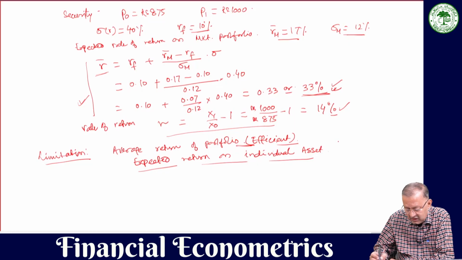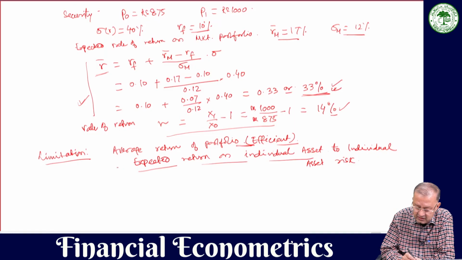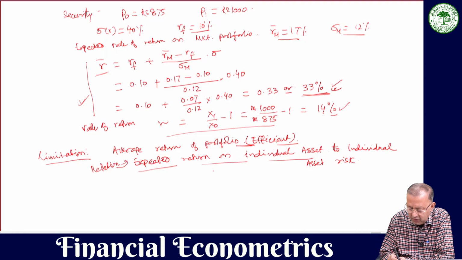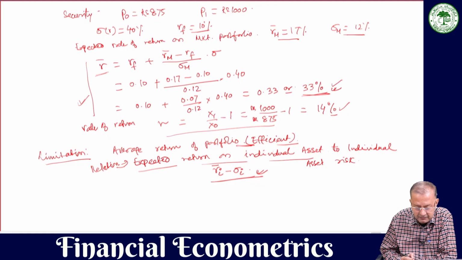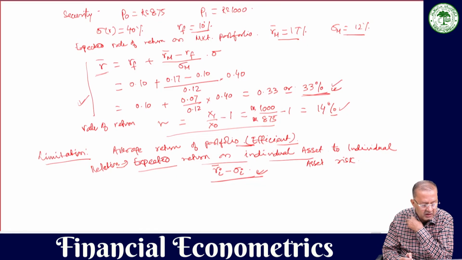Or the relationship of this expected return on an individual asset to the individual asset risk. This relationship is not being explained. The relation between Ri bar and sigma i is not being explained under this. Clear?